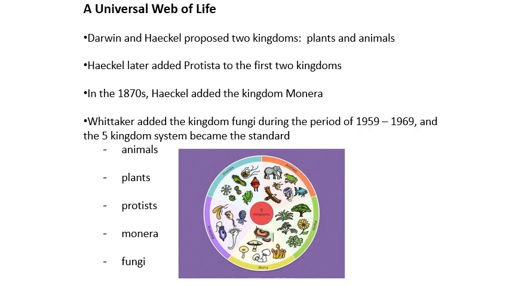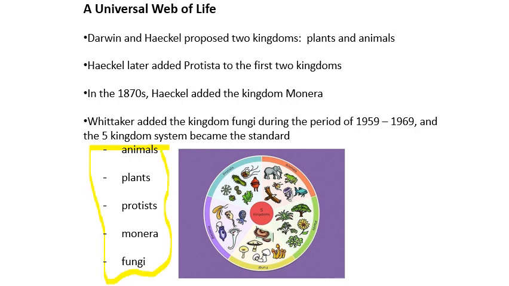And then later on added in the Monera. Monera is no longer a kingdom, but it used to be the catch-all category for anything that was like bacteria. Then the more recent arrangement was this five kingdom structure.